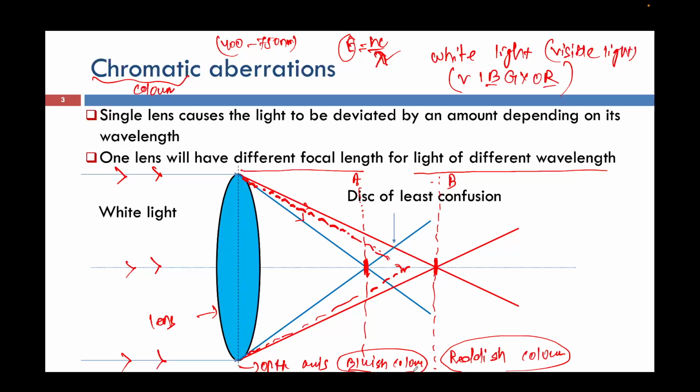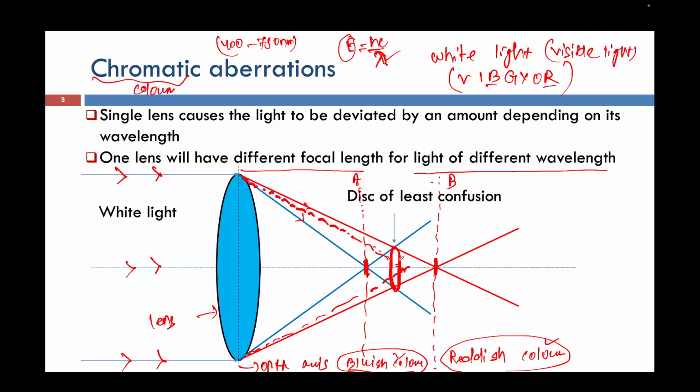I want to minimize this bluish color as well as this reddish color. If I want to do that, I will not put my detector in A plane, I will not put my detector in B plane. Rather, I will put my detector in a plane where there would be minimum effect of this reddish color as well as this bluish color.